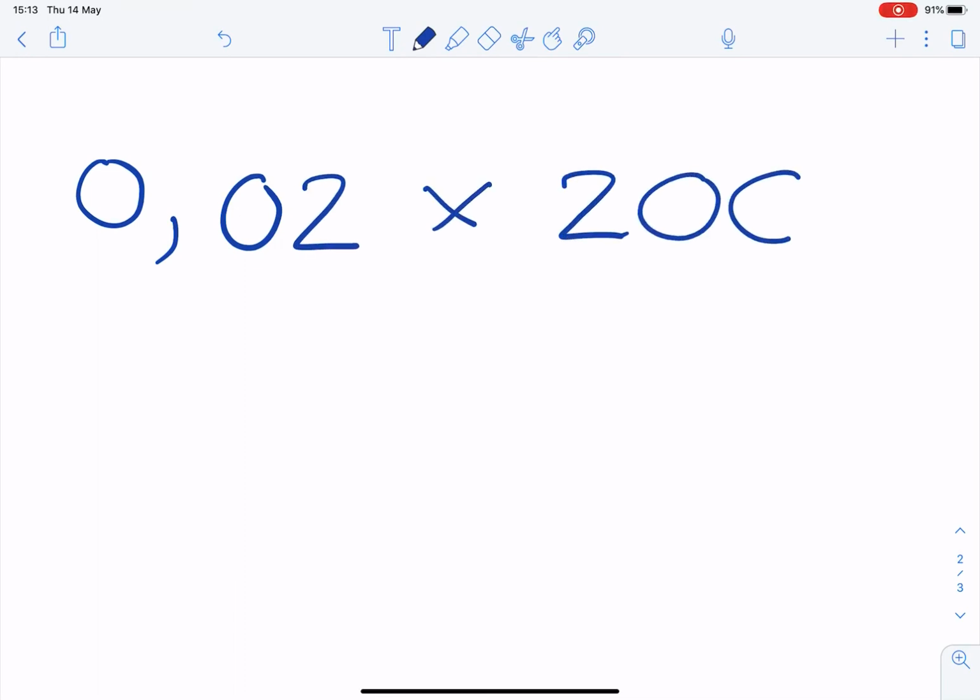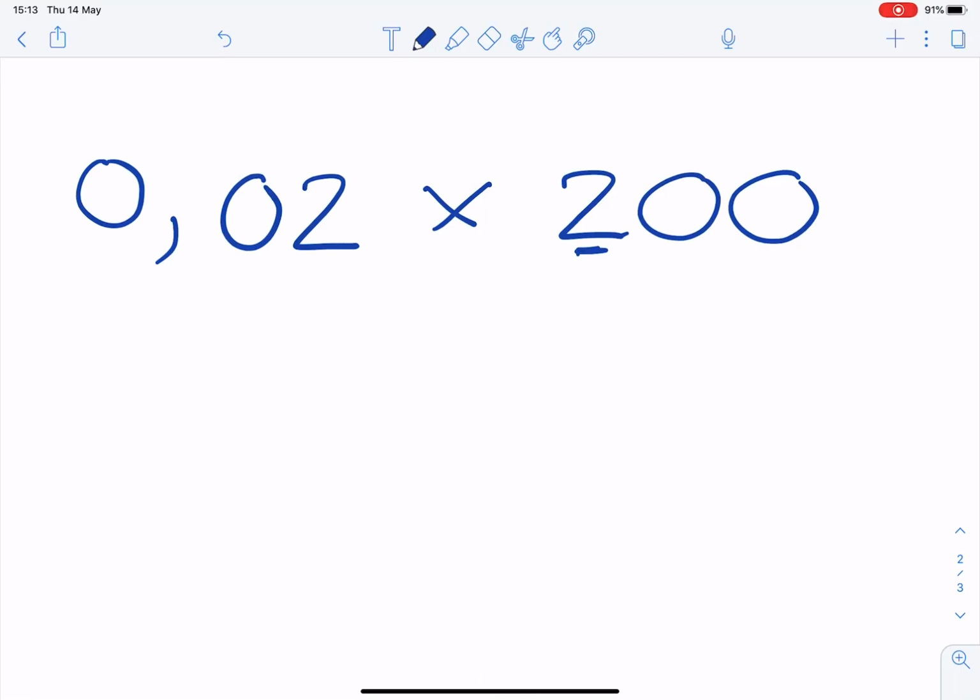Last one before I leave you to it. Let's look at 0,02 times by 200. Right, we no longer have a 1, we have a 2. So this means that you have to do 2 things.